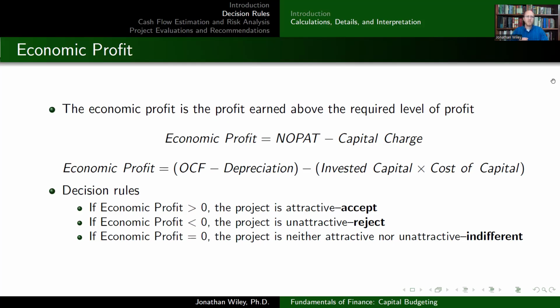Let's suppose I am an investor and I invest in a company. I'm expecting a 10% rate of return. Let's say I had $1 million to invest, and I'm expecting a 10% rate of return given the risks. So I'm expecting $100,000 of return.